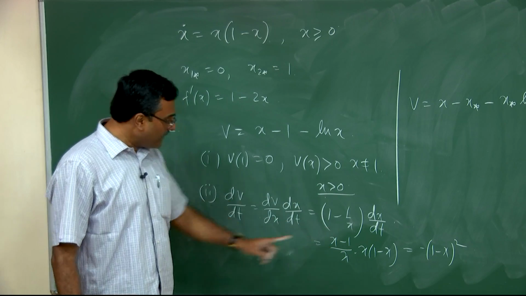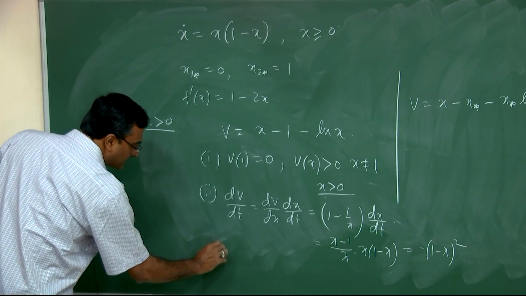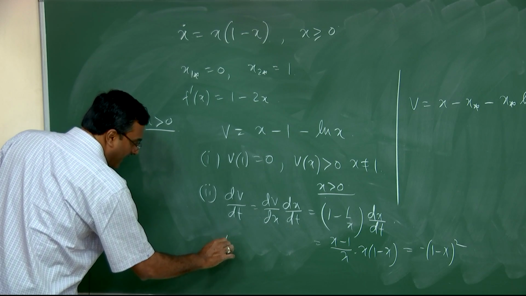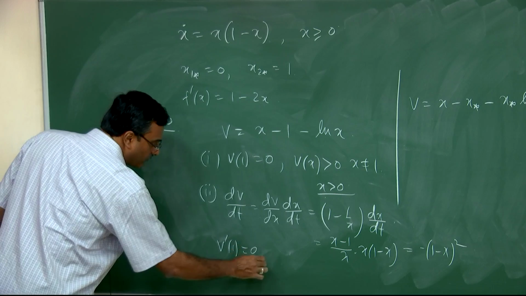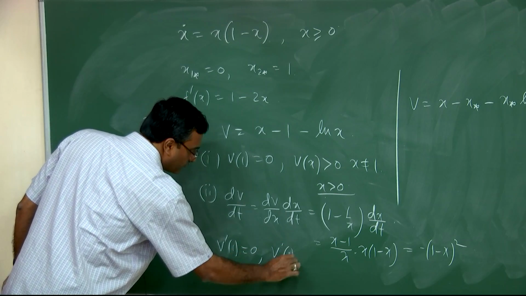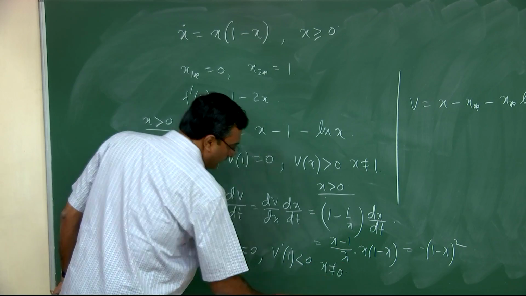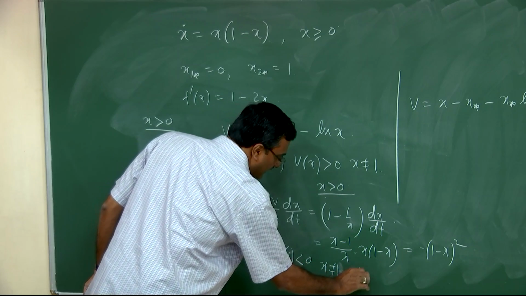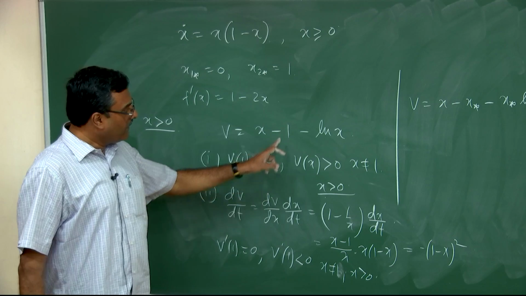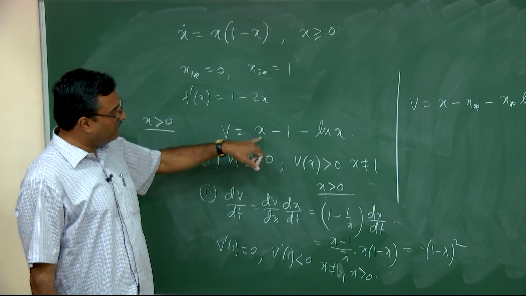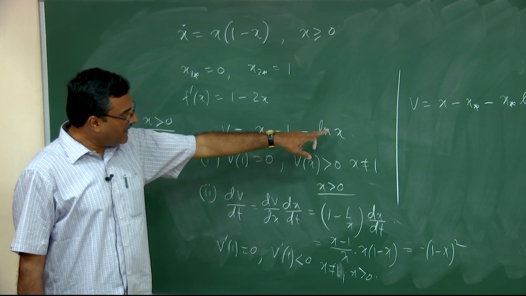And then again you can verify that these two conditions are satisfied, that is V dot(1) is equal to 0 and V dot is negative definite for x not equal to 1, and of course for x greater than 0, because this function does not make any sense in terms of a real variable if x is less than 0, because ln is present here.